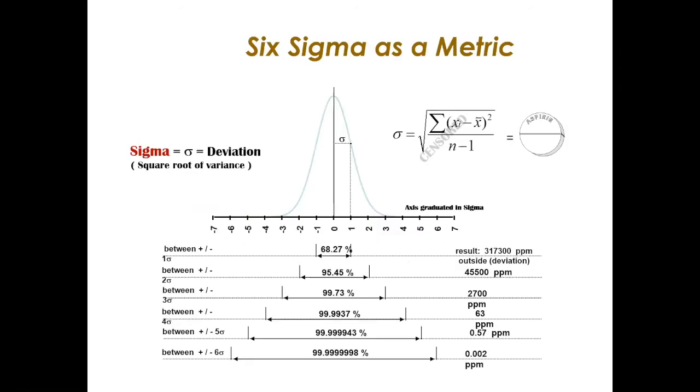And the philosophy of this method is to have the standard deviation of the process be one sixth of the specification width. So essentially, this is where the Six Sigma comes from.